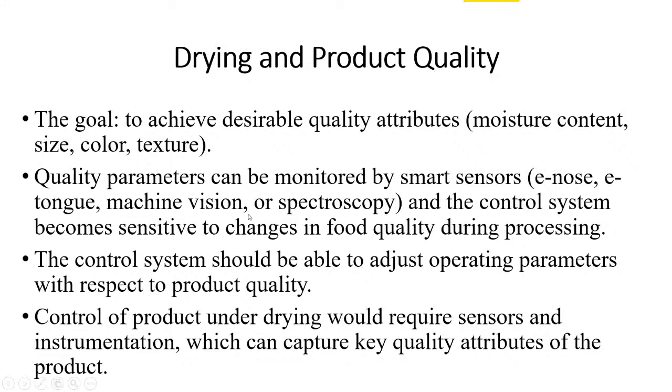So right now, in the effort to develop smart drying technology, what scientists do now is to incorporate the old-fashioned control system, which only controls temperature and humidity, with the new monitoring system using machine vision, spectroscopy, etc., in order to develop smarter drying equipment.